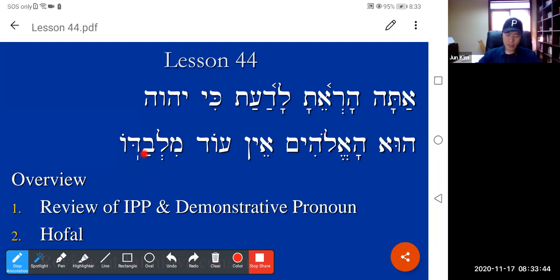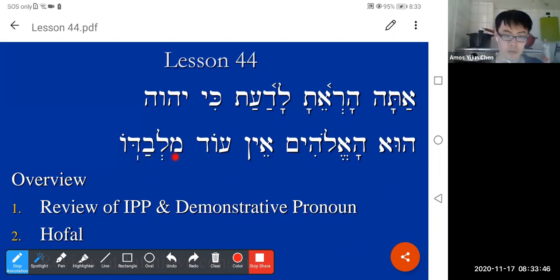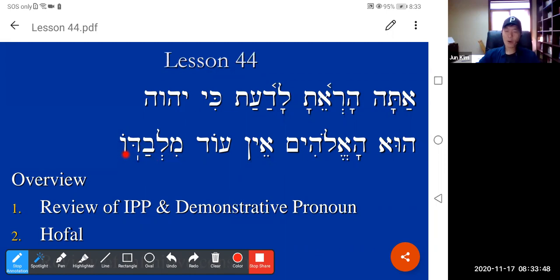And this one, actually, we have one, two, three, four components there. The first one is the preposition min, and the preposition le, and bad, and a pronominal suffix indicating 3MSG. So this one is just new vocabulary, but it's an idiomatic expression.